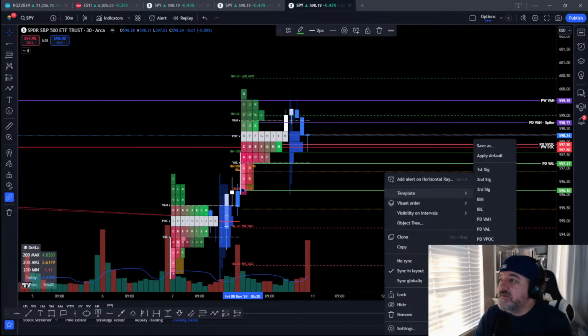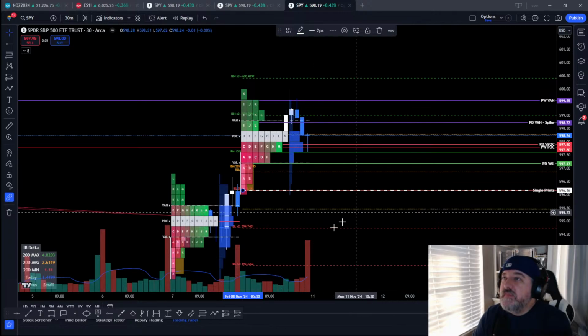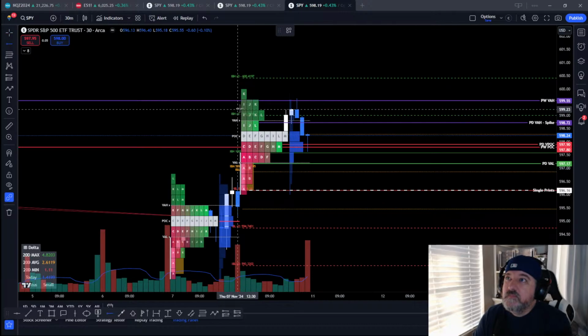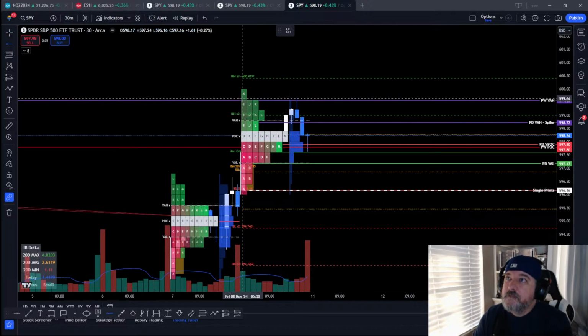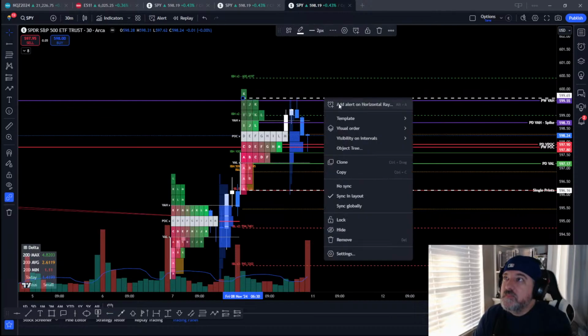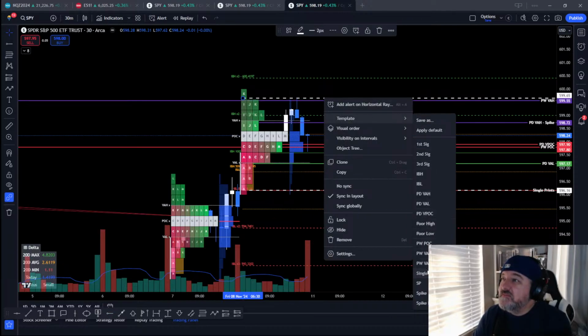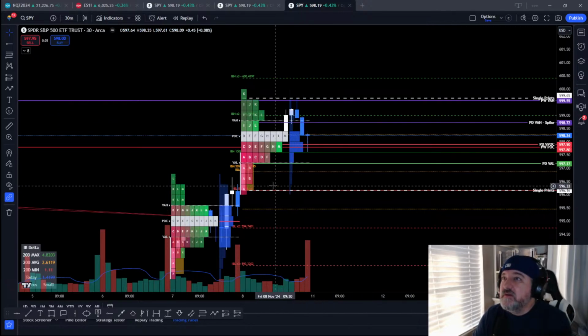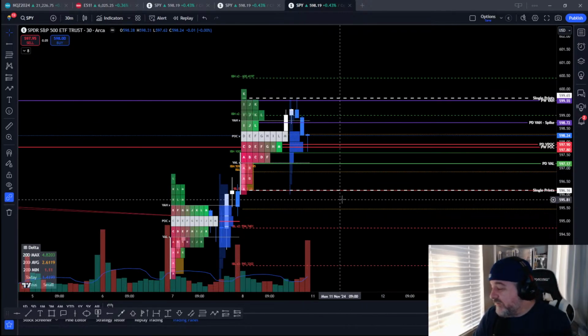So this is our single prints, and then we also have single prints up at the top. If you don't know what single prints are, that's fine. Tune into the class on Sunday. Shorty will cover it. I would talk about it, but I'm going to run out of time.